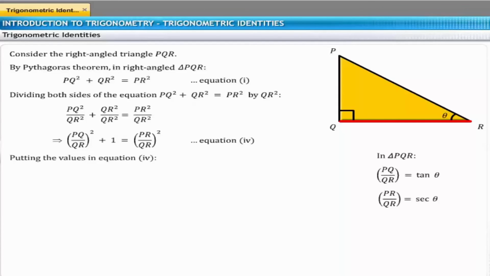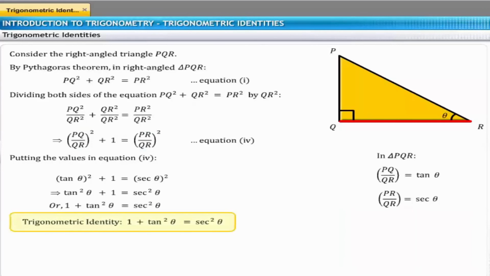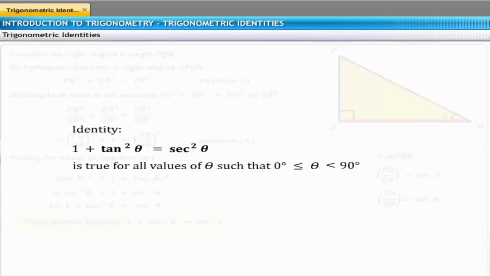Putting the values of these ratios in equation 4, we get the equation 1 plus tan square theta is equal to sec square theta. This equation is a trigonometric identity. From trigonometric ratios of specific angles, we know that tan 90 and sec 90 are not defined. Thus, this identity is true for all values of angle theta greater than or equal to 0 degrees and less than 90 degrees.